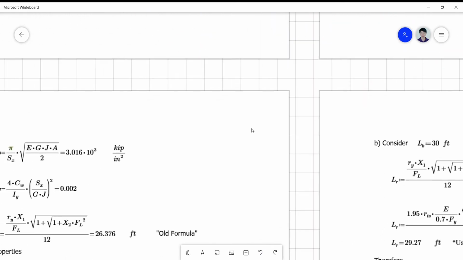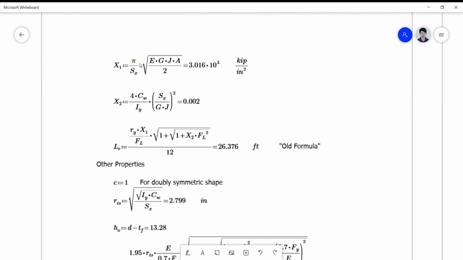Okay, x1 and x2 are given now on the basis of these two formulas here. So plugging in the value of E, G, J, A and SX, we get 3.016 cubed times 10 to the 3 KSI. Okay, and x2 is simply computed on the basis of this formula. Take note that we need CW, SX, IY, GJ, depth, and this is actually 0.002.